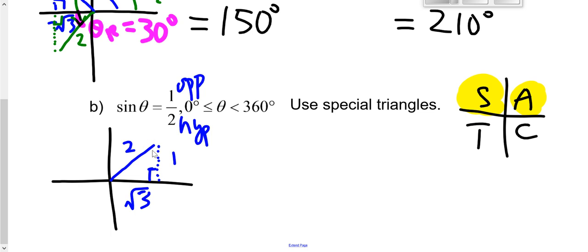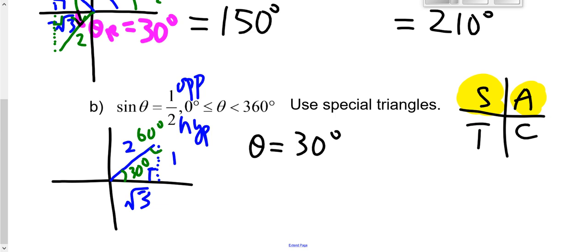The side with a length of 1 is opposite to 30 degrees. So what does that mean? That means this is 30 degrees, and that means this is 60. Sorry, it's a bit messy. So what does that tell you? Our first answer is angle theta is 30 degrees.